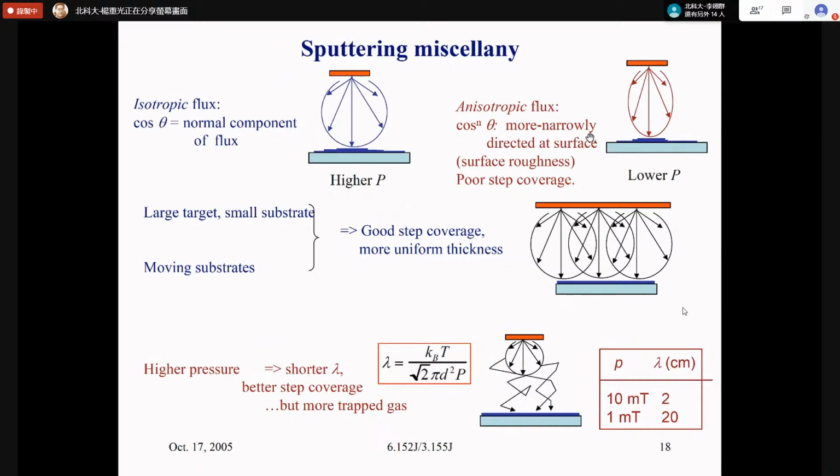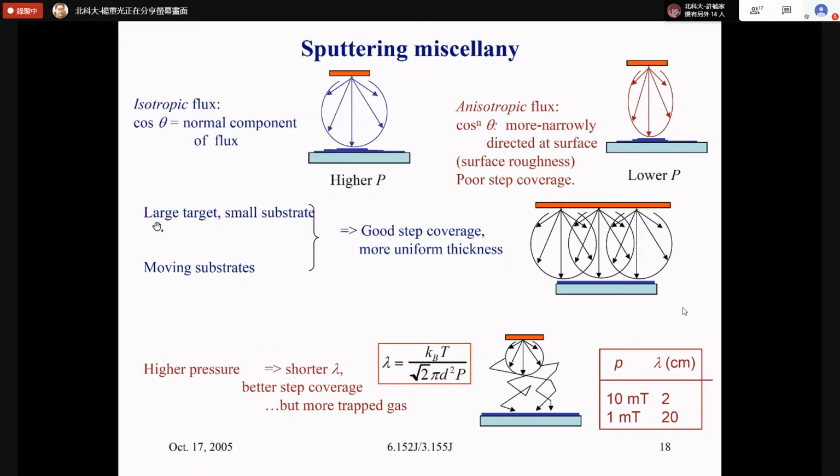More narrowly directed at the surface, and the surface roughness comes out, poor step coverage. And at higher pressure, you get the normal component, okay? You finally get good step coverage.